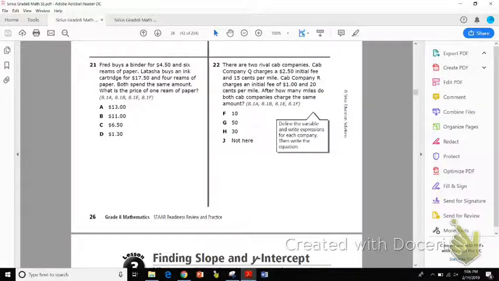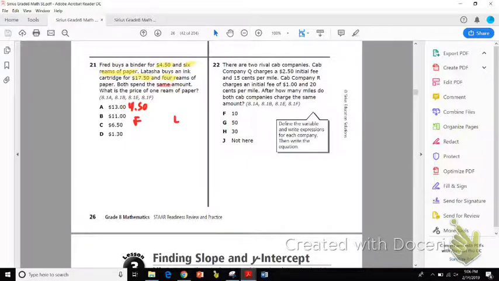Alright, so, ladies and gentlemen, to determine the price of 1 ream of paper, we have to set up an equation. Here, we're discussing 2 different individuals. We have Fred, and we have Latasha. So, first of all, let's work with Fred. They're telling us that he bought a binder for $4.50. However, is that all that Fred bought?